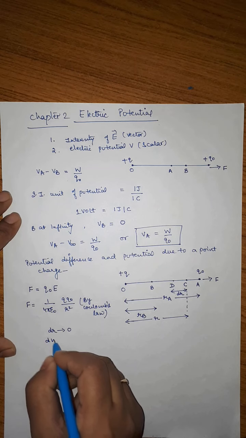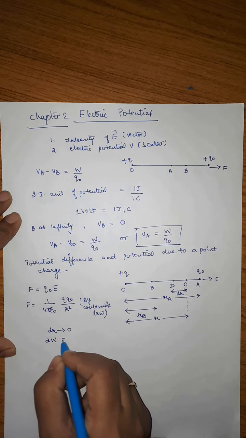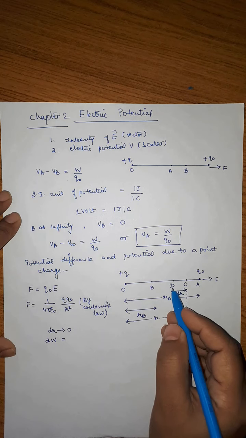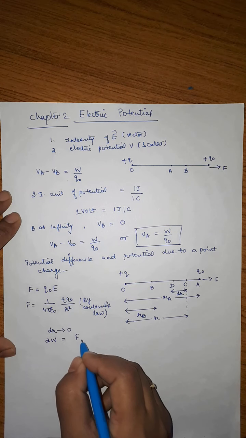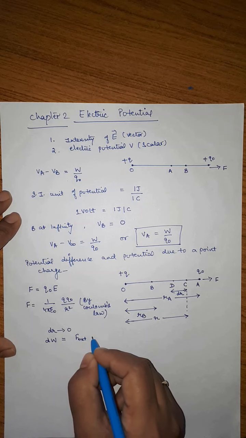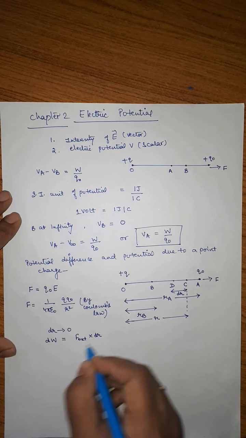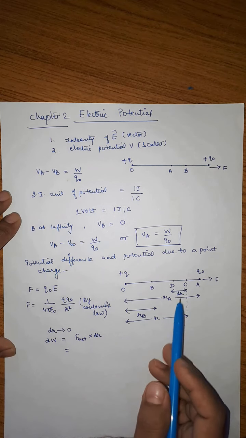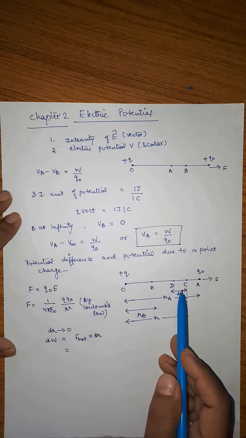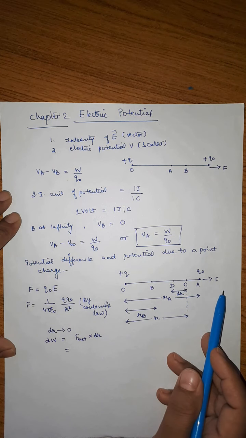Now the work done in bringing the charge from C to D will be represented as the external force into the distance, that is dr. We can see that the distance is towards B and the force is repulsive, which is in the outward direction.